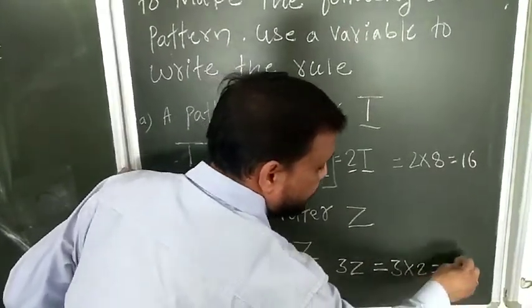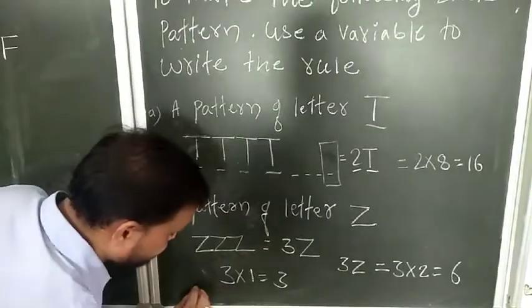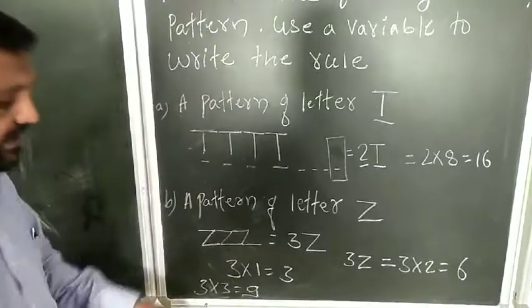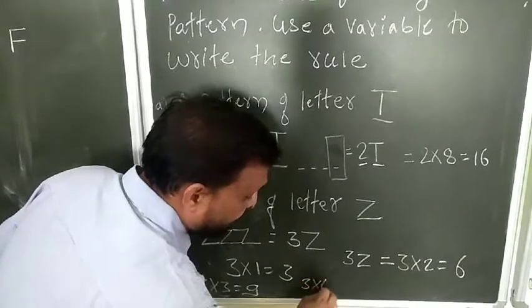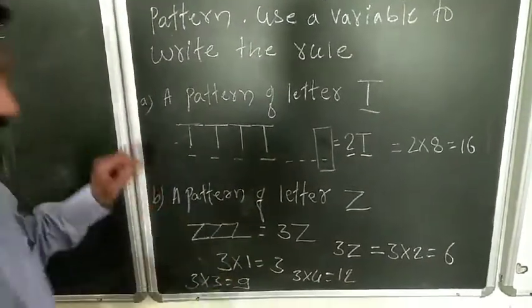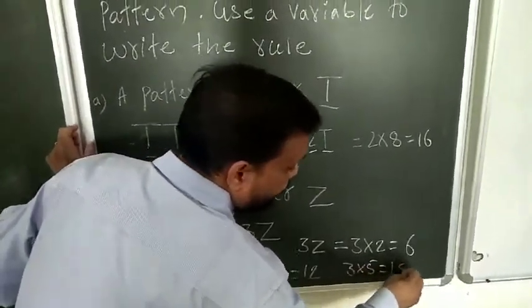So 3 times 2 is 6. If I want to make 3 Zs, 3 times 3 is equal to 9 sticks. If I want to make 4 Zs, 3 multiplied by 4 is equal to 12. If I make 5 Zs, 3 multiplied by 5 is equal to 15 sticks.